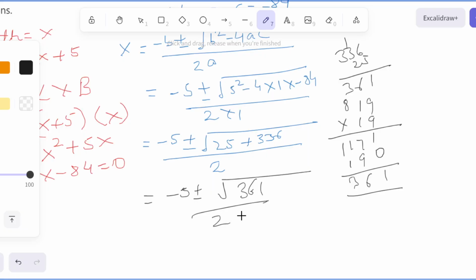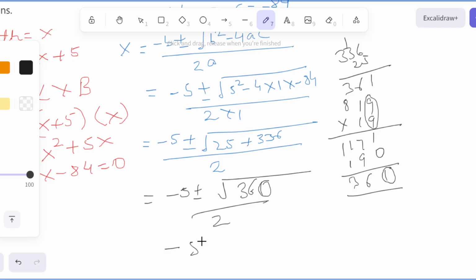Because 20 times 20 is 400, so this has to be lesser than 20. The square root of 361 has to be lesser than 20, but very near to 20. And why 19? Because the product of the ones place of these numbers will result in 1, which is over here. That will give you an idea.